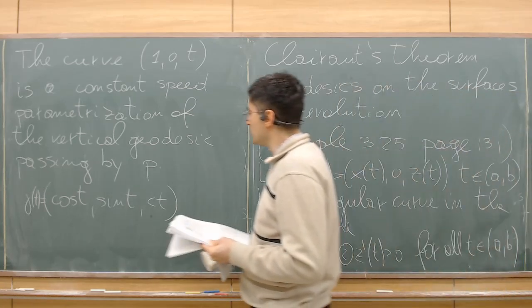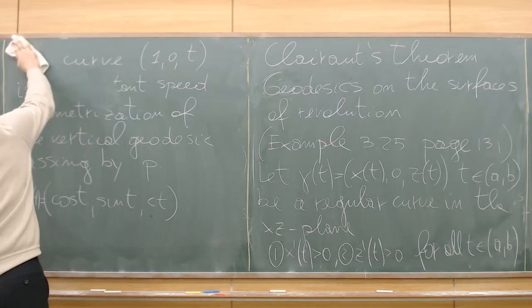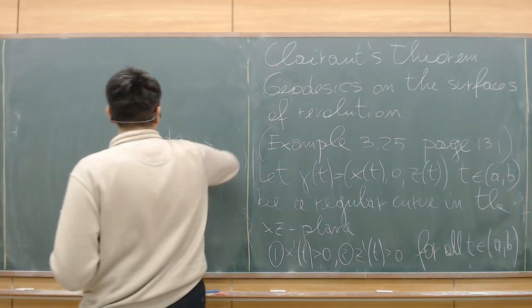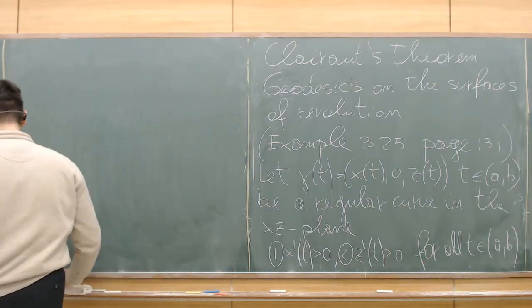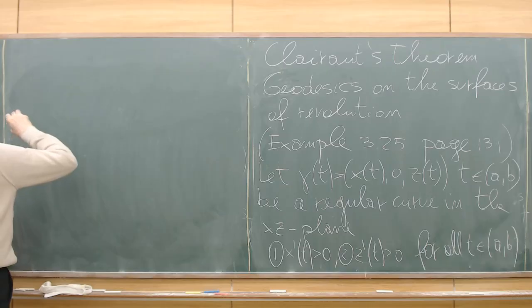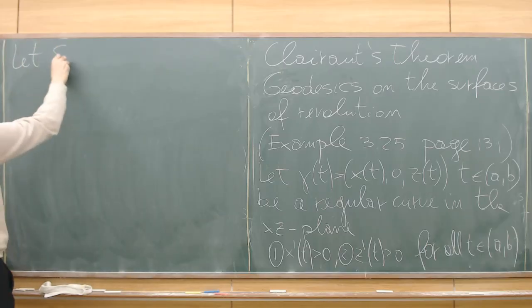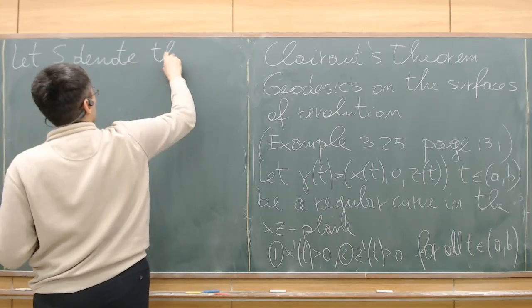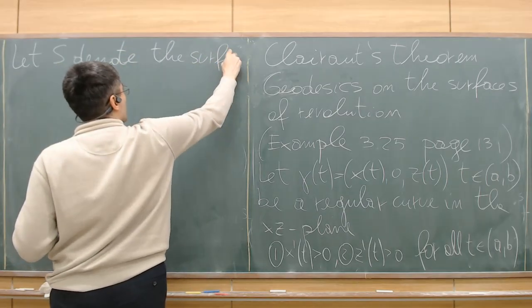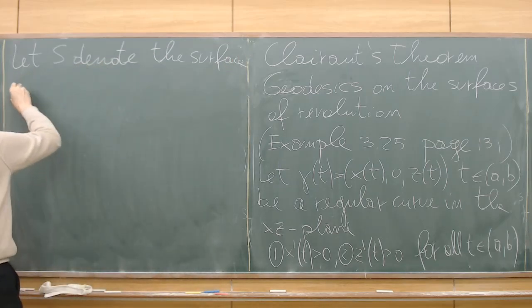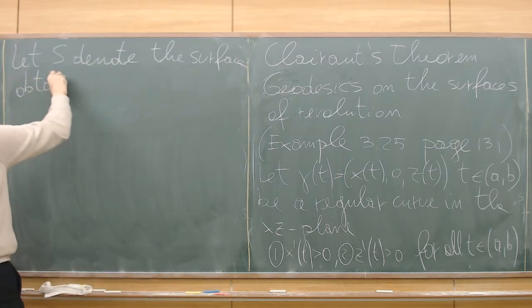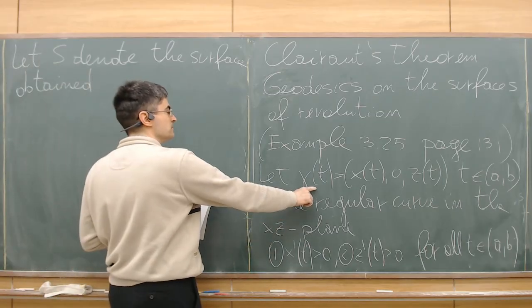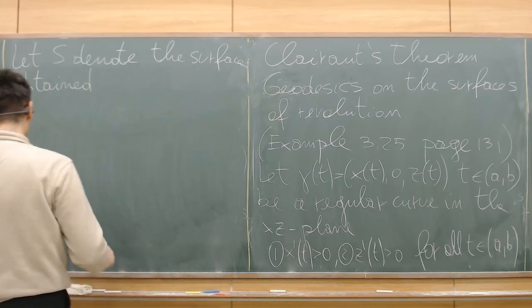Then we define a surface of revolution as the geometric object that we get if we revolve the trace of gamma about the z-axis.